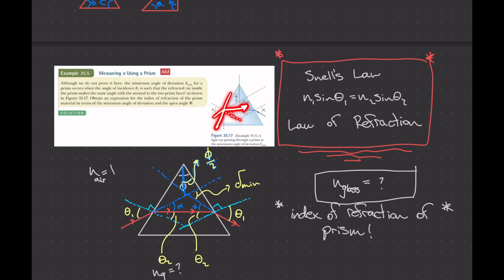This is the interior normal to the prism surface, and they actually also label this theta 2. So the question is basically asking us to somehow now replace theta 2 and theta 1 with the angles phi and this minimum angle of deviation, delta min.